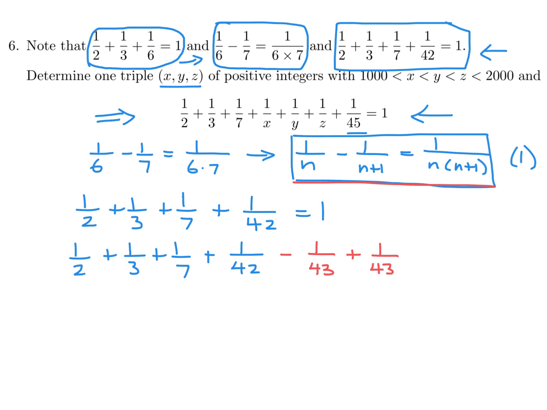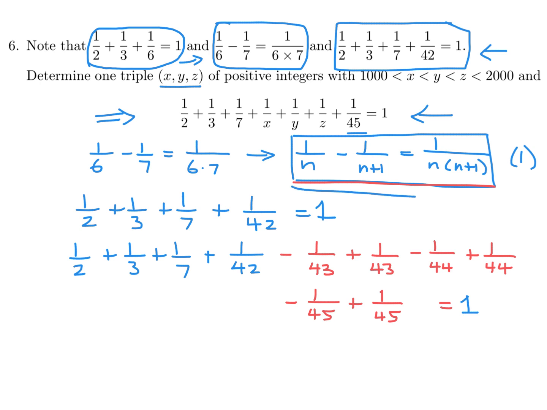That's perfectly allowed since I haven't changed anything. Same thing with the 44s. And then I think that's how I'm going to be able to stick in the 45. And that equals 1, which is right up here. So that part is the same.